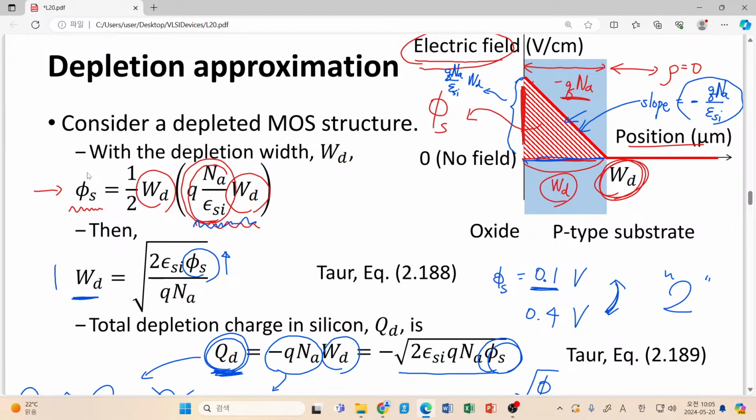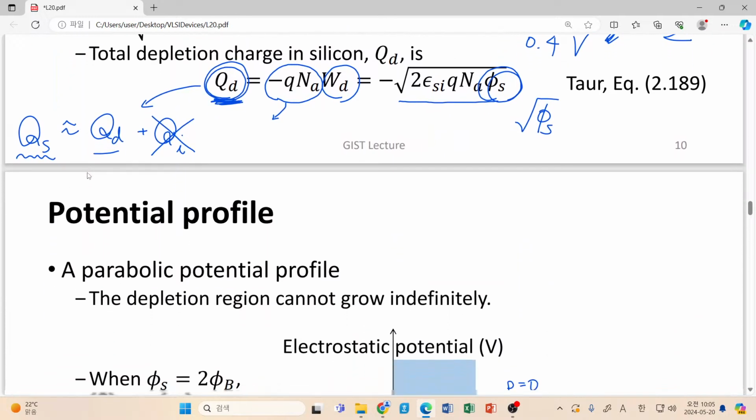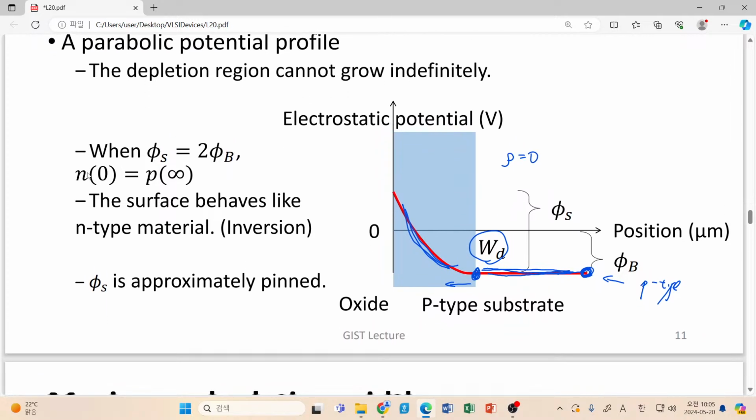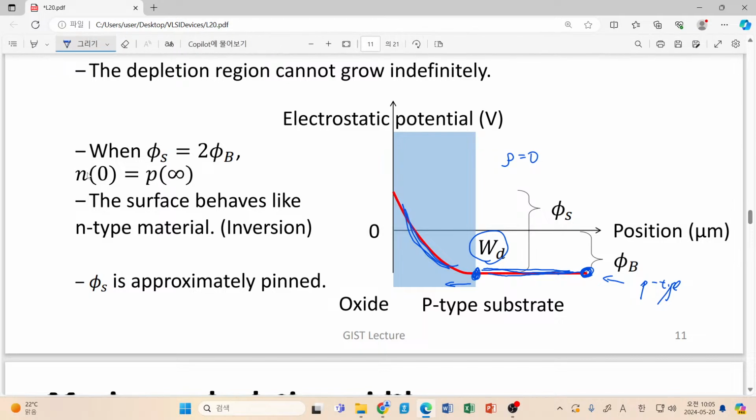And why do we have a linear variation of electric field at this point? This is because we have a constant space charge region in this depletion layer. Okay, so now we have this form. Then let's consider a very special case.